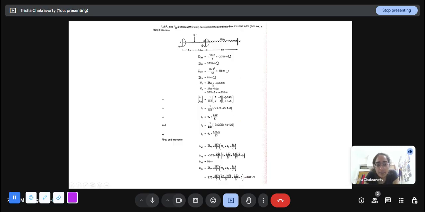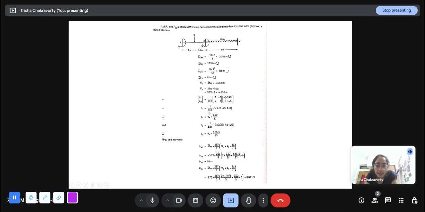P1L is MAB, P2L is MBA plus MBC because both contributions from this side and that side. So this is basically a column vector I want. So these two I put here.